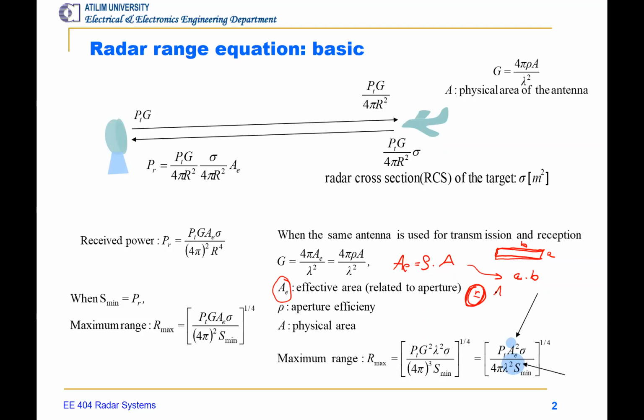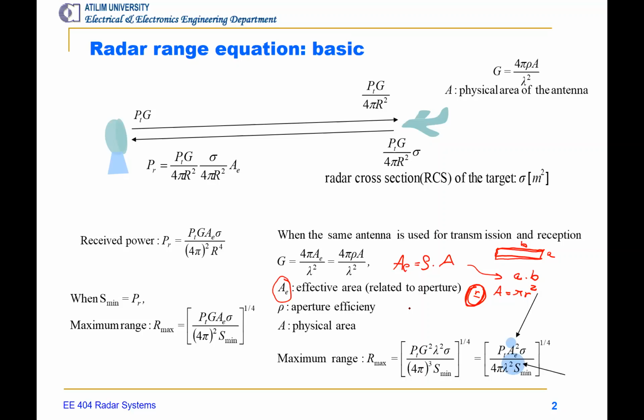So the area is going to be pi r squared. Okay, so A is simply calculated from the physical or geometrical properties, or the geometry, of the antenna.